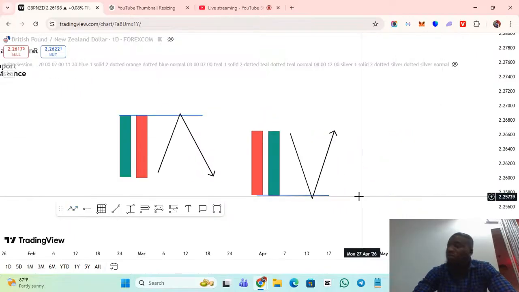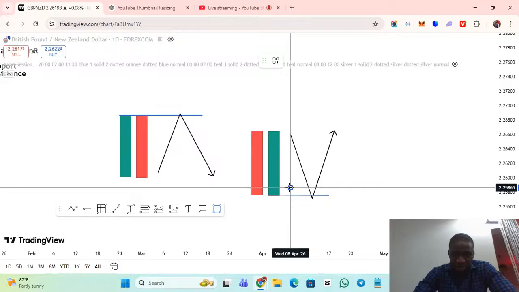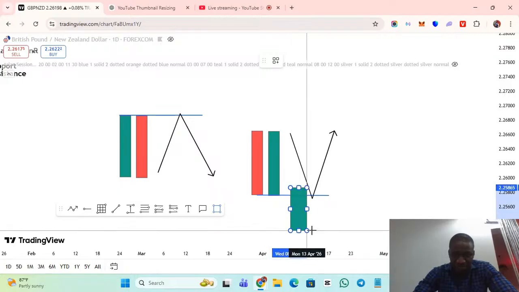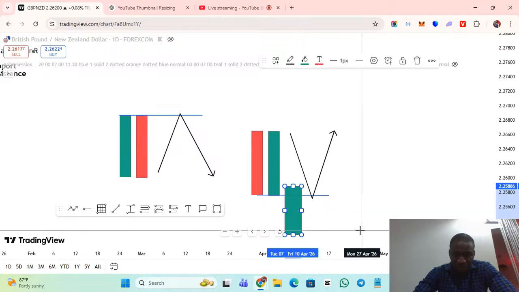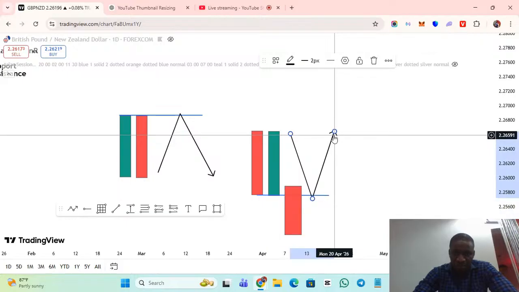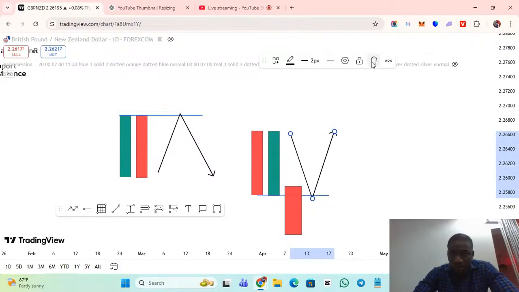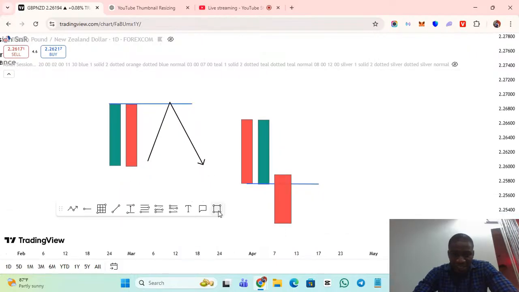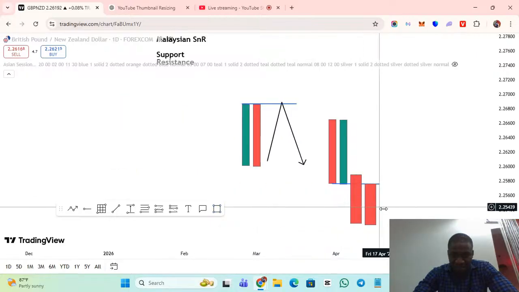So that means if a candle closes below here, please pay attention, guys. Let me paint this one red. If a candle closes below here, we expect the next candle that opens to come here, tap on this one, and sell.